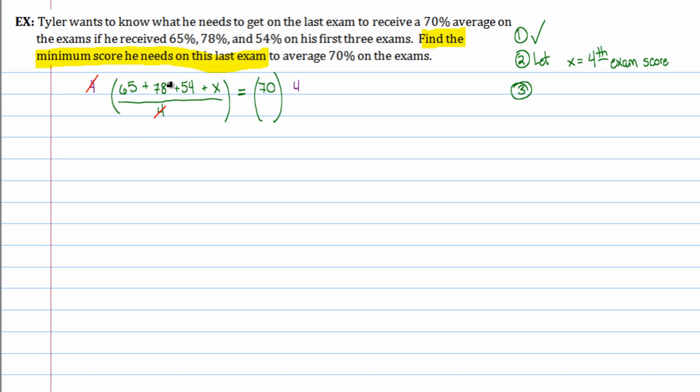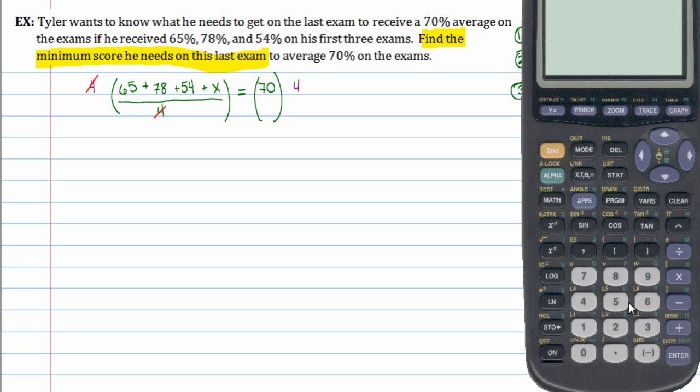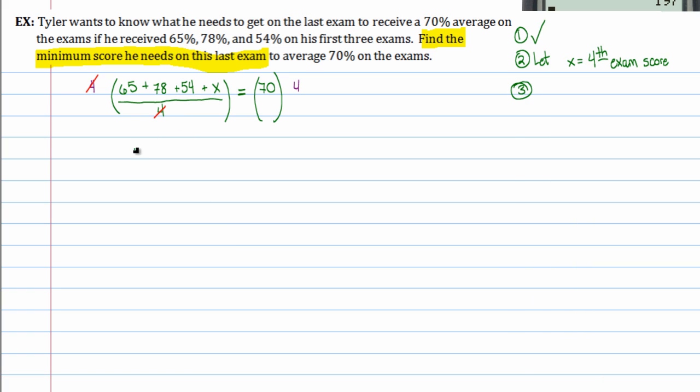And so we get 65 plus 78 plus 54, and offhand I just have to figure that out. So let me turn this calculator on, clear all this junk out. 65 plus 78 plus 54. It's 197, so I'll write that in here. 197 plus x is equal to, and 70 times 4 is 280.